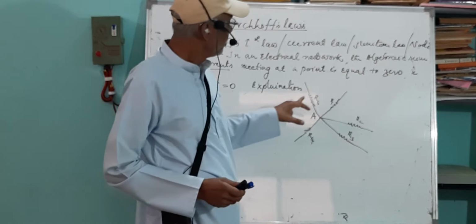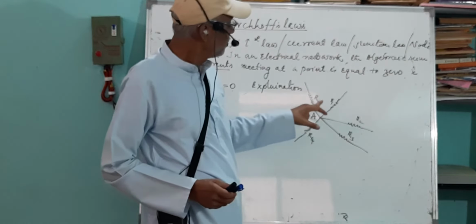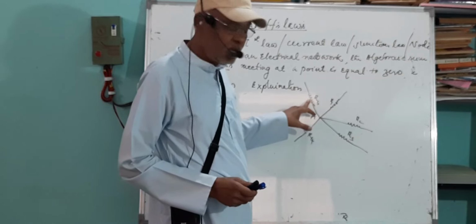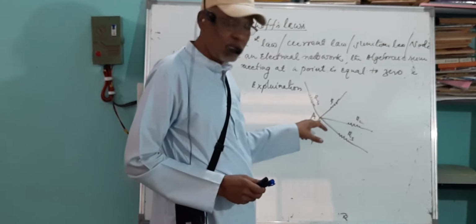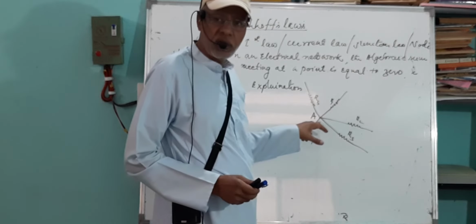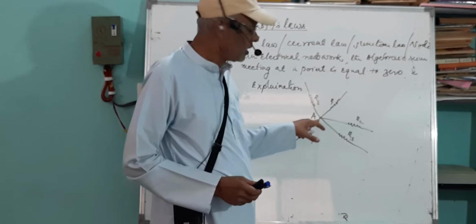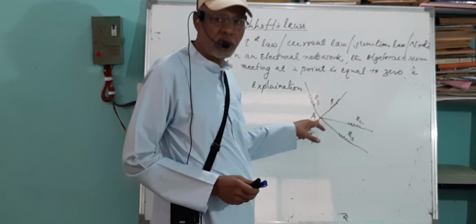As I said, we are considering five resistors R1, R2, R3, R4, R5, and all the resistors are connected at a point or junction A. So it is called the junction law.